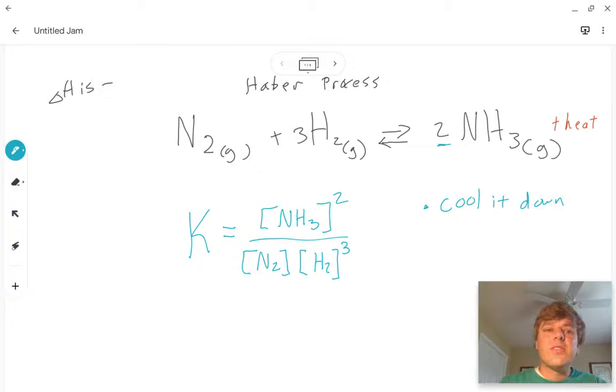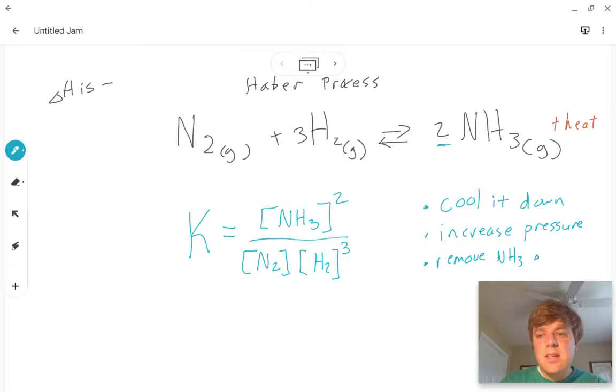Another thing, since this reaction has 1 plus 3 or 4 gas molecules on the left side, 2 gas molecules on the right side, the other thing you can do is increase the pressure. And the third thing you can do is remove the NH3 as it forms.